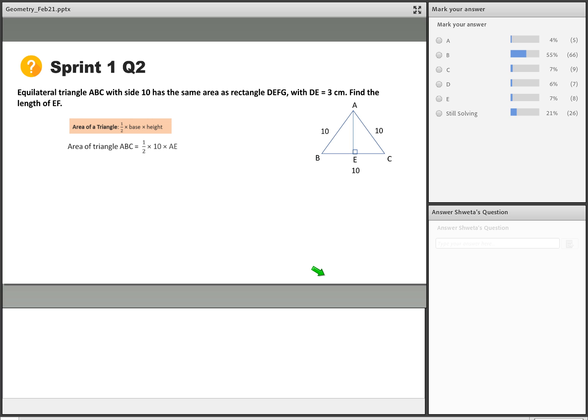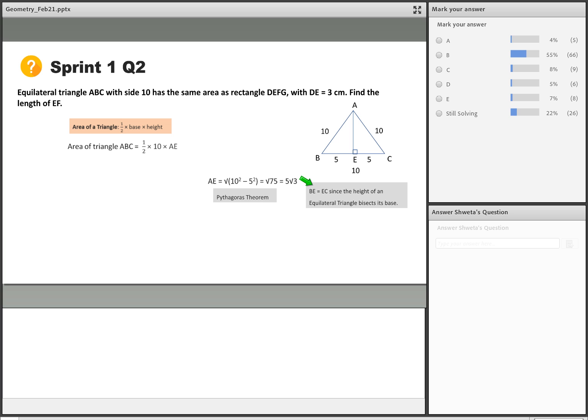Well, now equilateral triangle. See, area of a general triangle is half times base times height. We already know that. So the base here is BC, which is 10, and the height is AE. So this is what the area of this triangle is. Now at this stage, I don't know what AE is yet, right? So here are some properties I'm going to tell you.